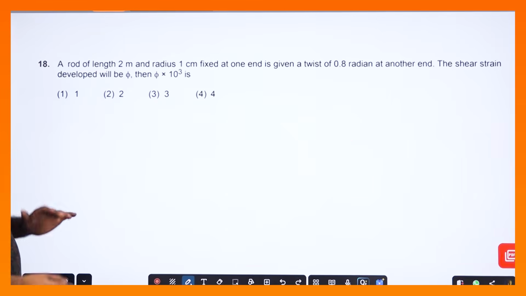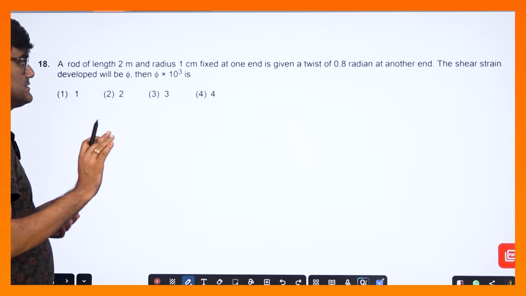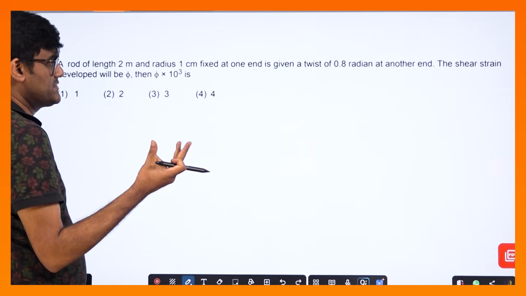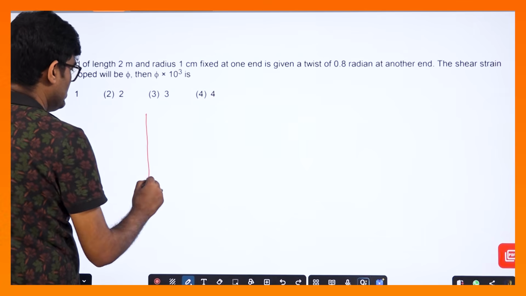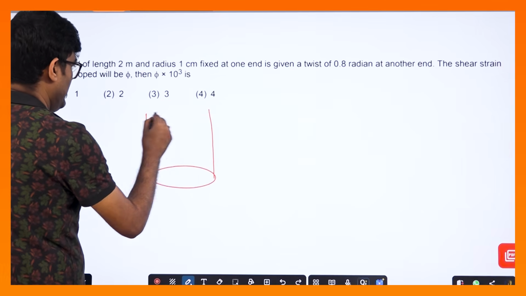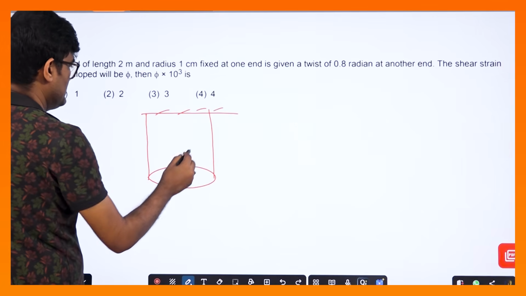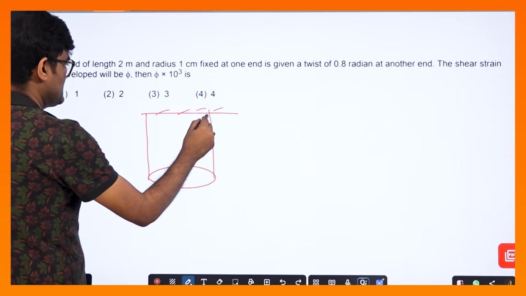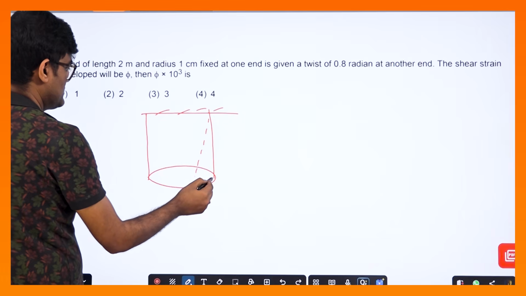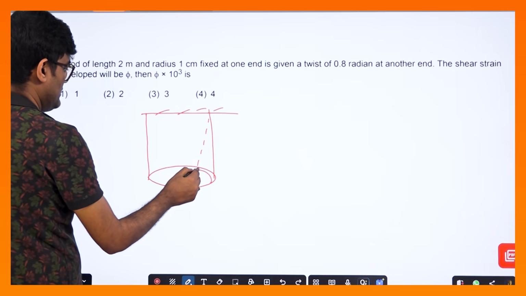A rod of 2 meter, radius 1 centimeter, is fixed at one end and given a twist of 0.8 radian at the other end. The shear strain developed is? Okay, it is a twisting of a rod. So if this is a rod, and this end is fixed, this end of the rod is twisted like this, at this angle.